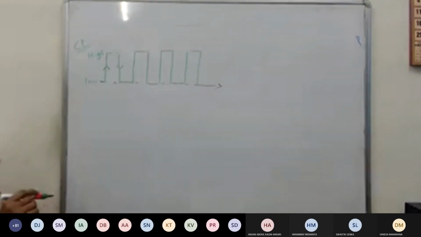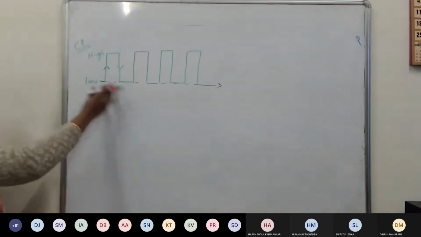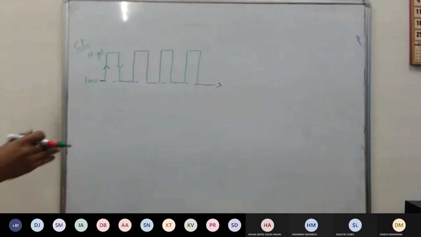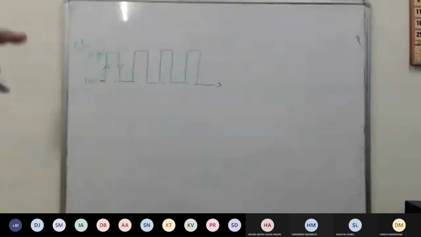Take this pulse: low to high, then stay there, and high to low. It is falling down. So I have edges moving from low to high, and the other one is high to low. Did you observe that? Right? Yes, ma'am.